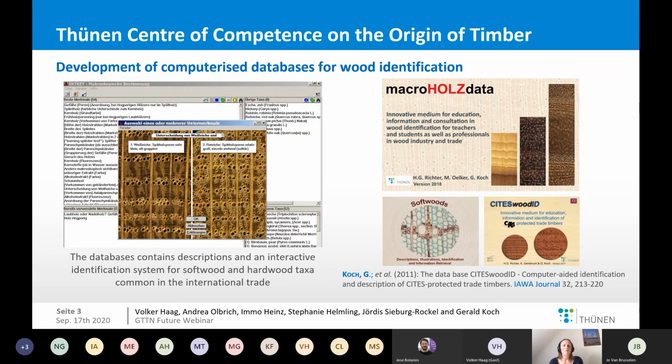But there's also the database of CITES Wood ID, which we developed for the support of customers, for example, to identify CITES protected wood with less anatomic knowledge, and to easily decide which should be sent to the specialist somewhere with a lab. So please go ahead.